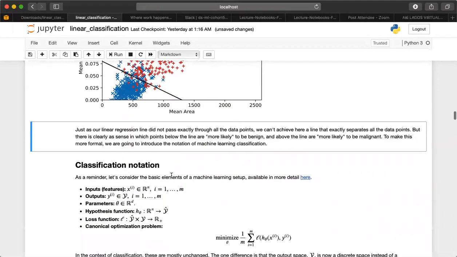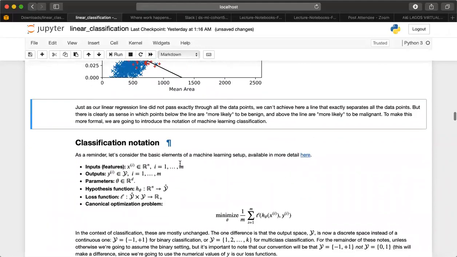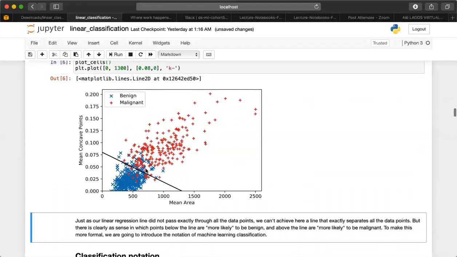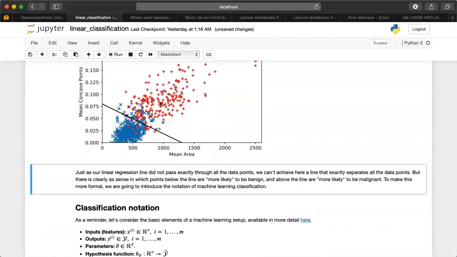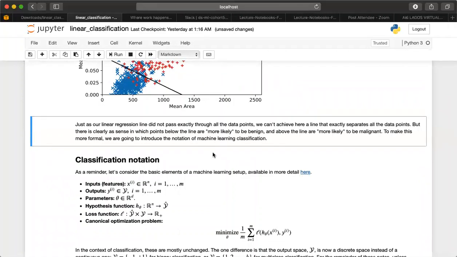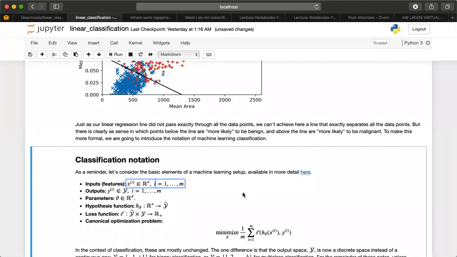So that leads us to defining the loss that would correctly classify the malignant and benign data that we have. The classification notation we are going to use is very similar, or the same, to the one we used for regression. We have the normal input features X, with the number of data points from 1 to m. Then we have our output Y, which is binary.